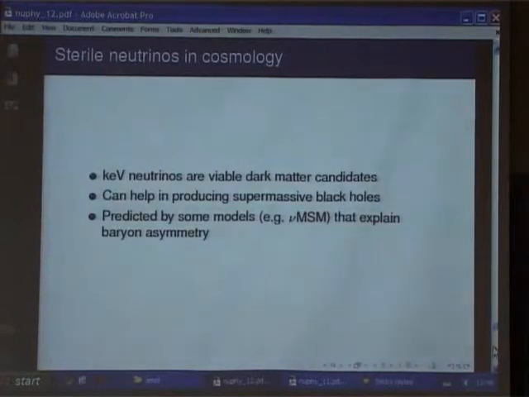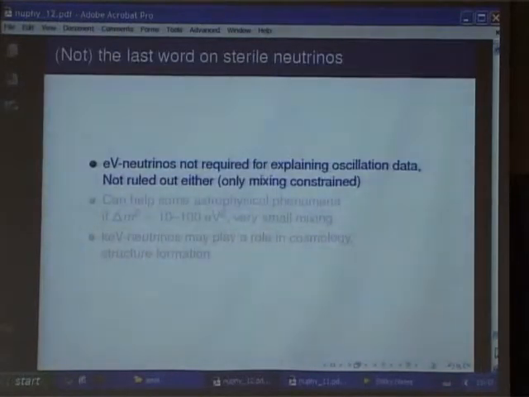So it's good. And there are some models. This is called the nuMSM, the new universe standard model. They try to explain things like baryon asymmetry, repulsion and so on. That involves sterile neutrinos. So therefore, people like sterile neutrinos, even if they are not required for oscillations.